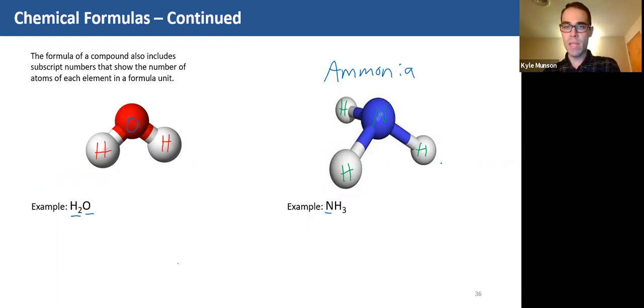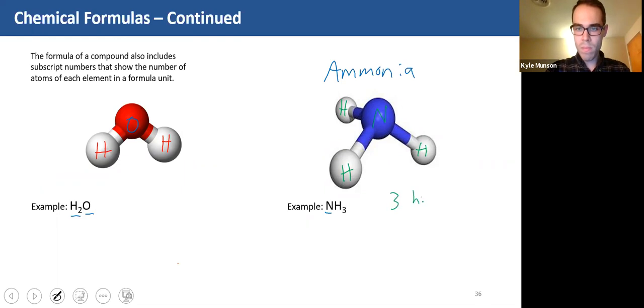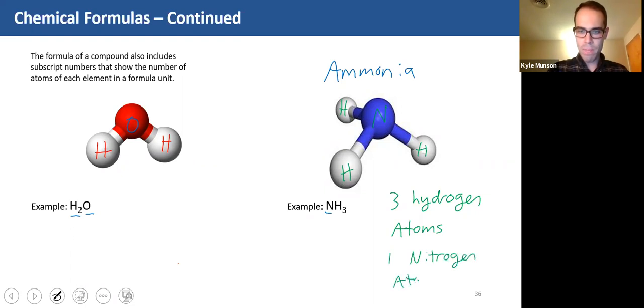So not only is it telling you the elements that you have, but it's telling you how many of each of that element's atoms you have in the molecule. So 3 hydrogen atoms, one nitrogen atom. If you have any questions on that, feel free to rewind the video again or reach out to me. I'd be happy to answer any questions.